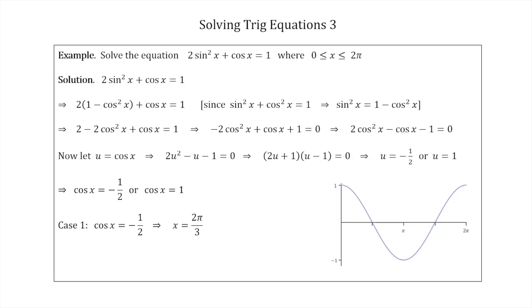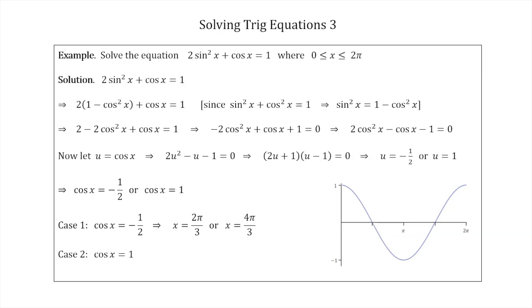So if you add pi over 3 to pi, you go up from pi, you'll get 4 pi over 3. So that's another answer. You can see where these roughly lie on the graph. If you drew a line through the y-axis at minus 1/2, and looked at what x values were giving you those 2 points on the curve, you'd get 2 pi over 3 and then 4 pi over 3.